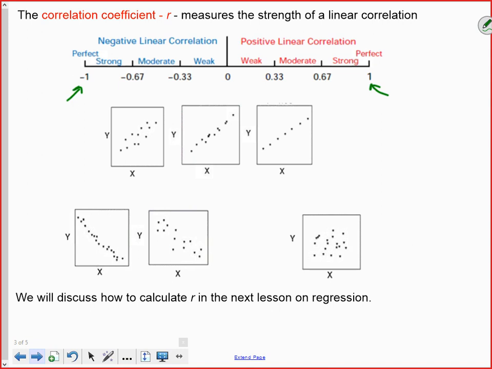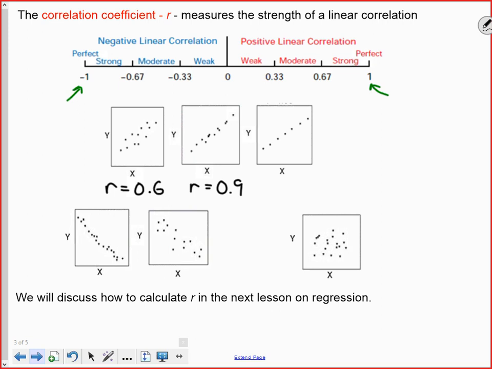So looking at those graphs that we looked at on the last page, we can estimate just from the graphs what sort of R value we might have for each of these correlations. For this first graph, we might have an R value of maybe around 0.6, a moderate positive linear correlation. Whereas this one beside it might have an R value like 0.9, a very strong linear correlation.